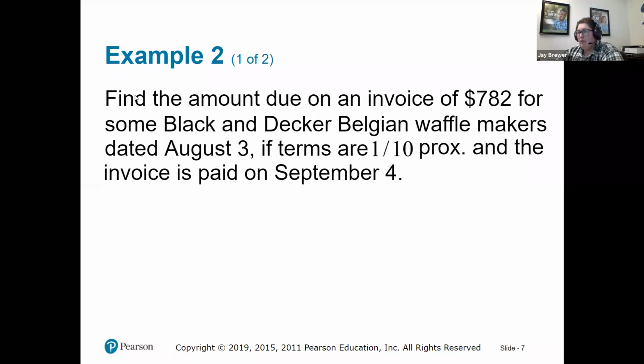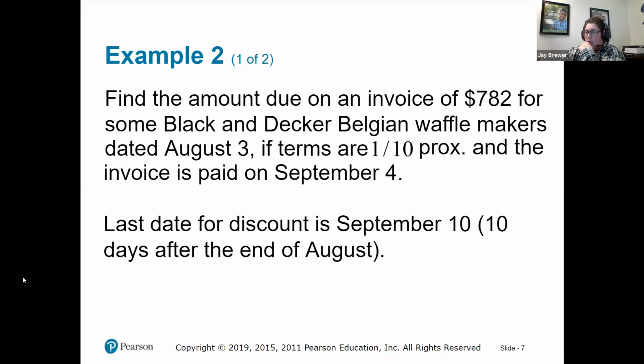Okay. Here's example 2. Find the amount due on an invoice of $782 for some Black & Decker Belgian waffle makers dated August 3rd. If terms are 1/10 prox and the invoice is paid on September 4th. So I'm not sure if that's hitting the window or not. I guess it is.